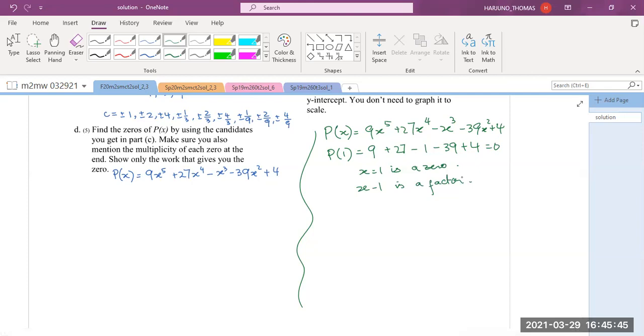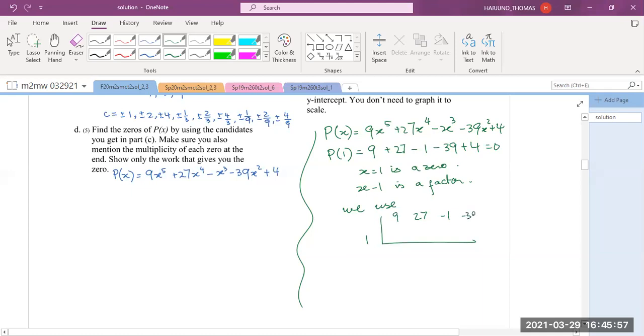Then we can use synthetic division with 1 here. Okay, so 9, 27, negative 1, negative 39, 0, 4. Okay, remember we have a skip, right? From x squared, missing x, and suddenly just go to the constant. So this is a placeholder.